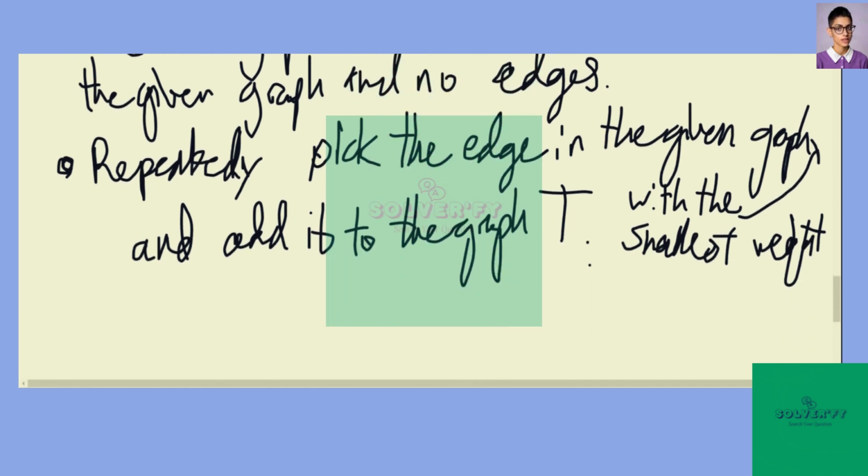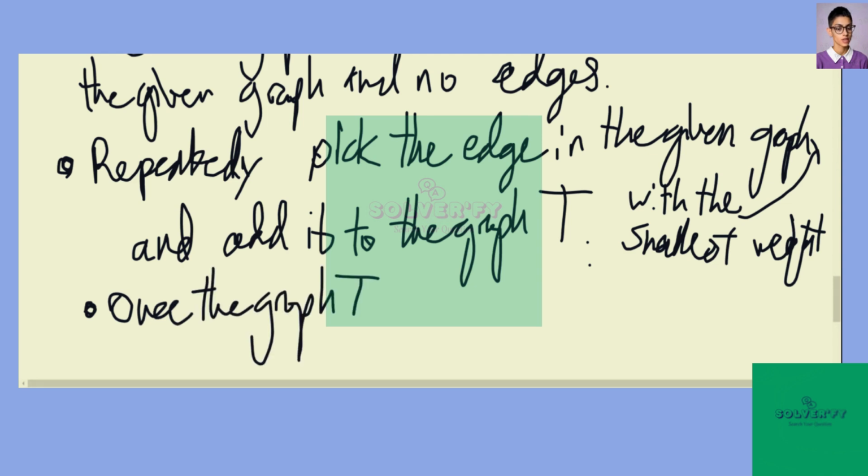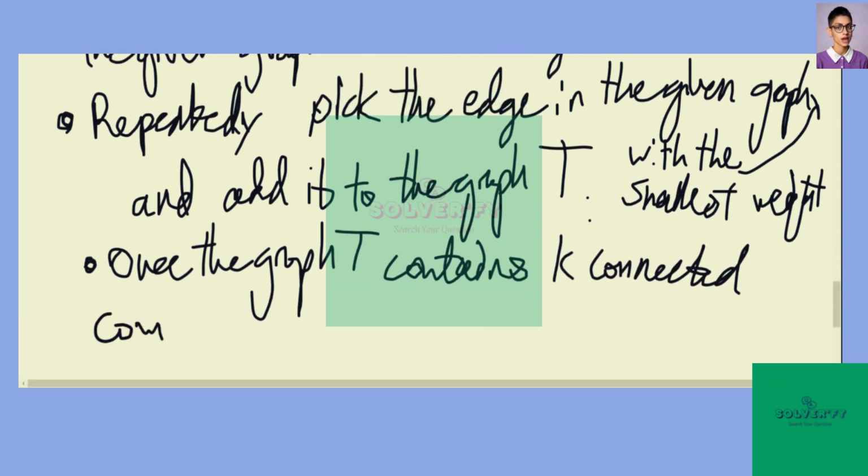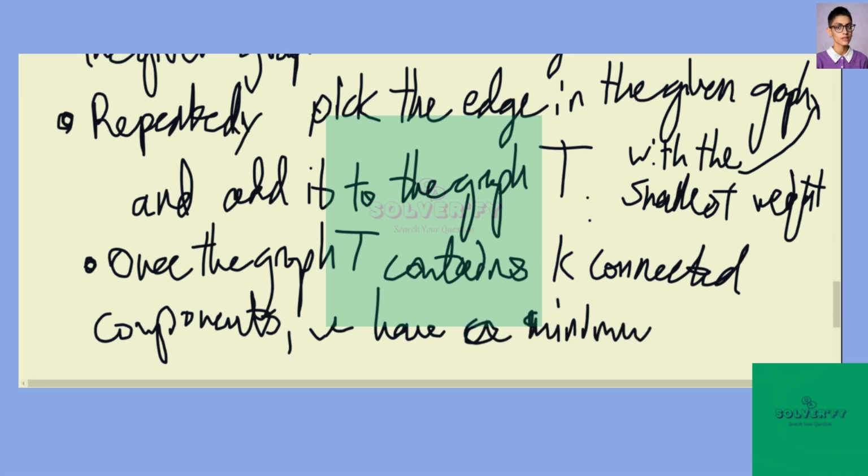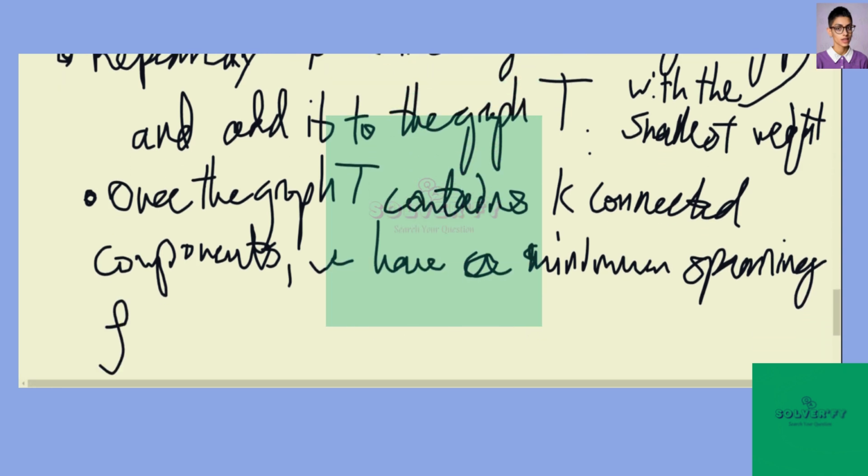In the next step, we have that once the graph contains K connected components, we have a minimum spanning forest.